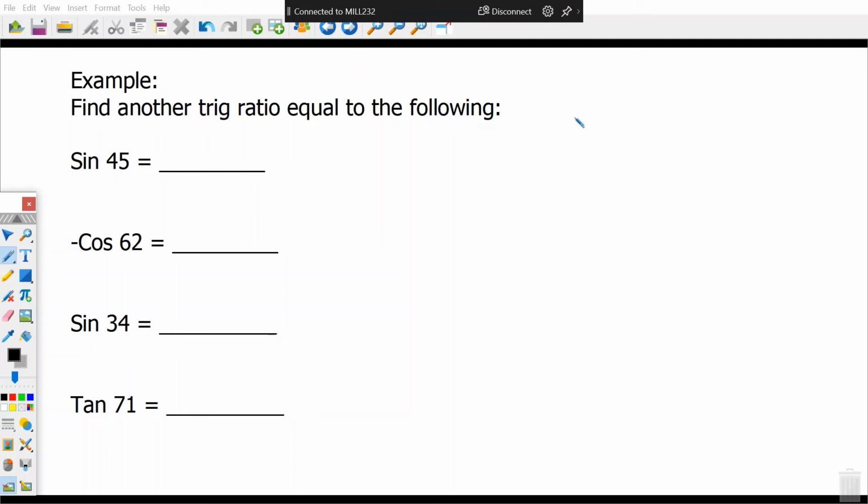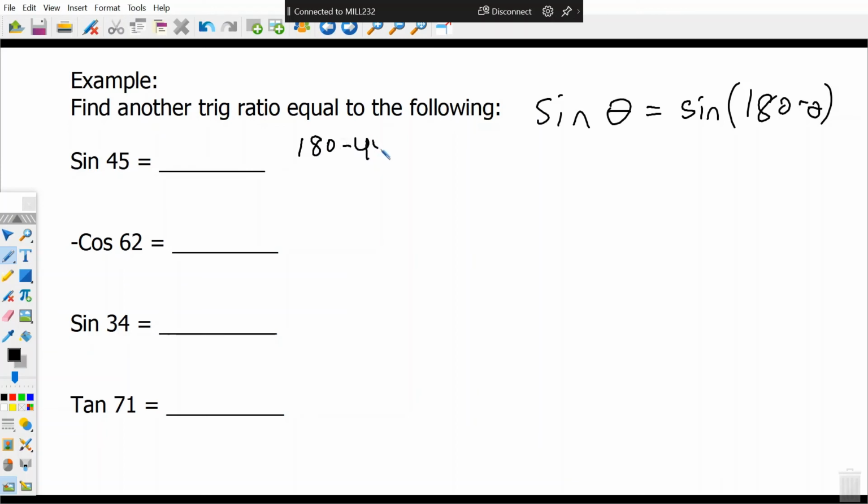Well, we remember, hopefully, that sine of an angle is equal to sine of 180 minus that angle. So another trig ratio equal to sine 45, I would just go 180 minus 45. And then I know sine of 135 would be equal to sine of 45.